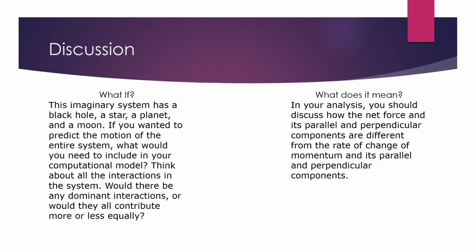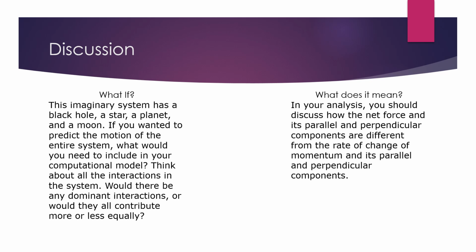So discussion, what if? Well, if we were to try and model all components together, the black hole, the star orbiting around the black hole, the planet orbiting around the star, and the moon orbiting around the planet, excuse me, five components, because then we have a rocket orbiting around the moon and planet. First off, it's going to be very intensive, modeling five different objects, applying forces all on each other.